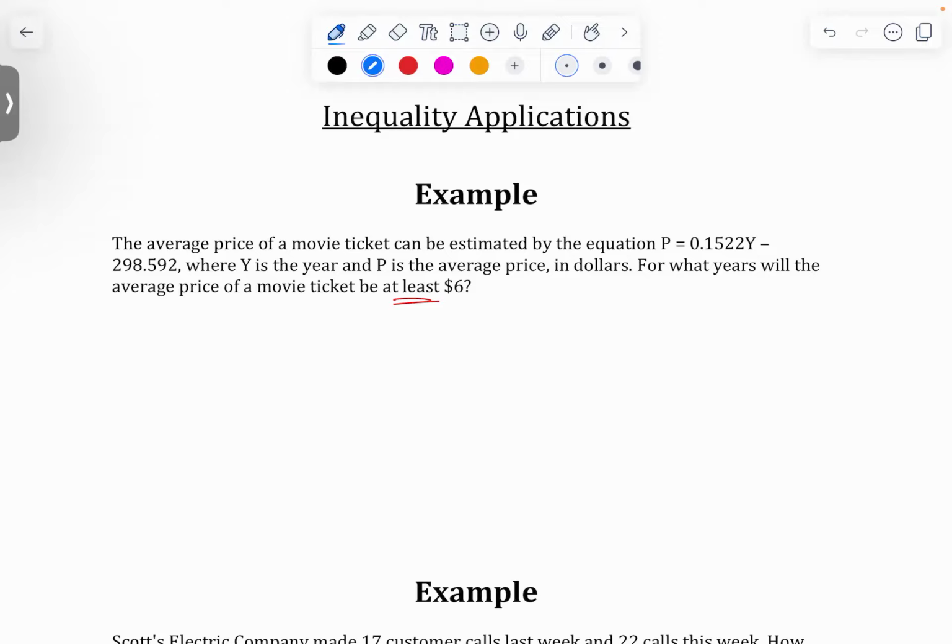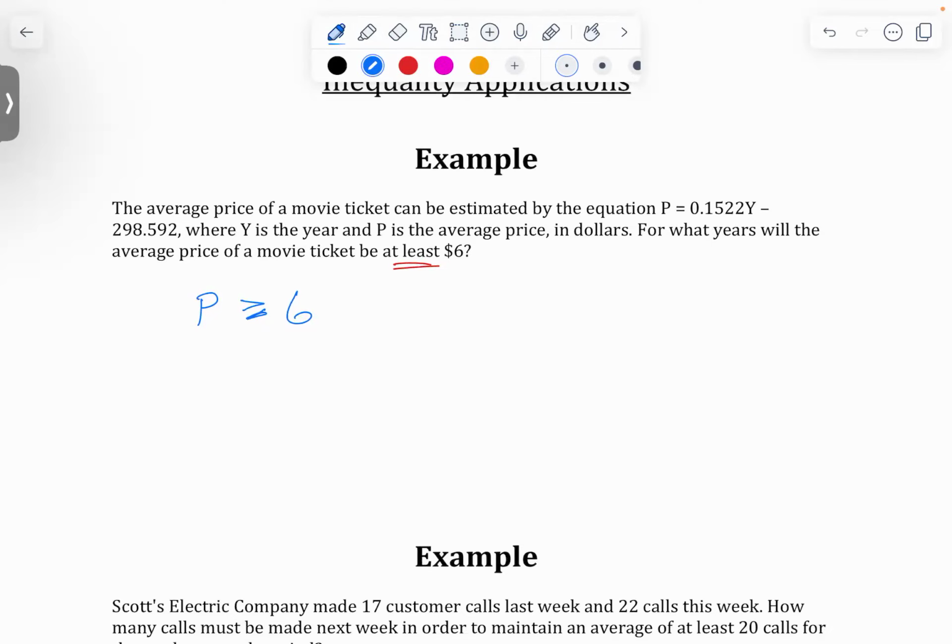So we have that equation. Price of a movie ticket is at least, greater than or equal to 6. That's how we tend to speak. And so that's what this inequality is going to look like. I have then my equation that was given above, 0.1522y minus 298.592 greater than or equal to 6. And then it's just solving an equation like any other equation.